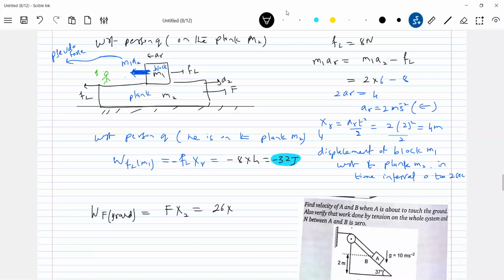This much is the work done only on the plank, because the applied force is acting only on the plank here. And what is this FL? Work done by friction on the block M1 with respect to plank M2.